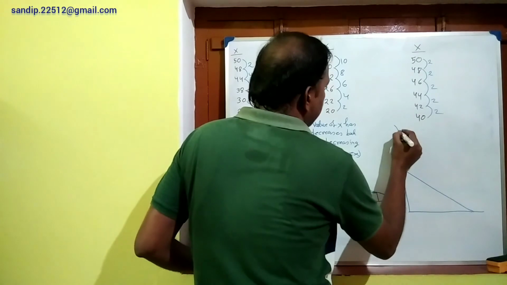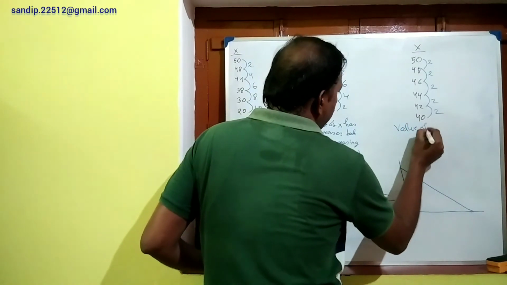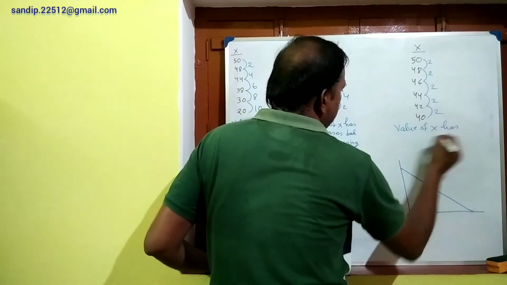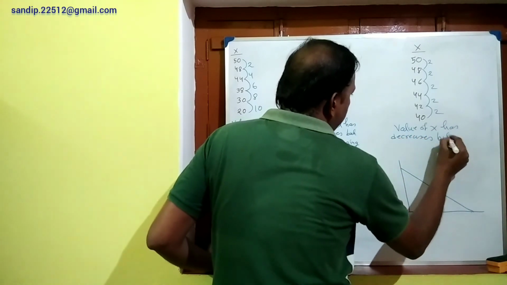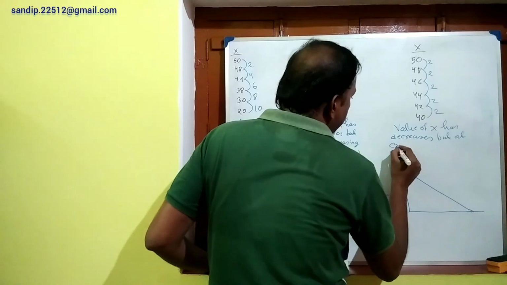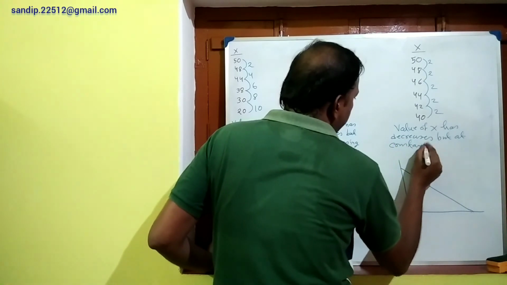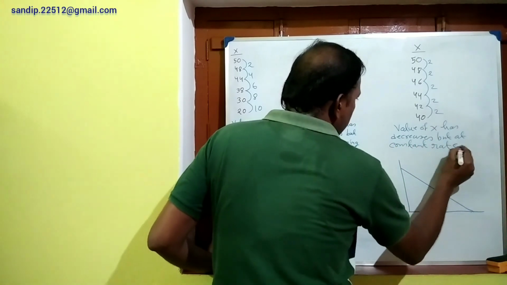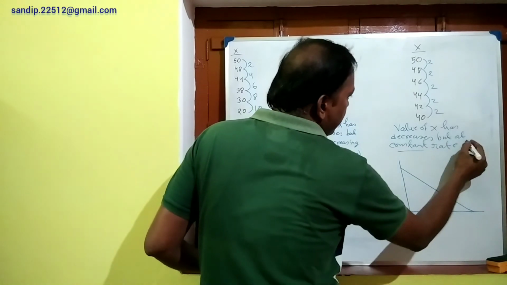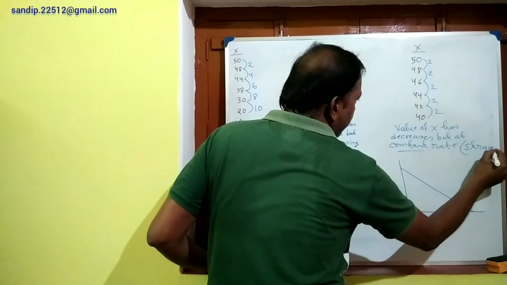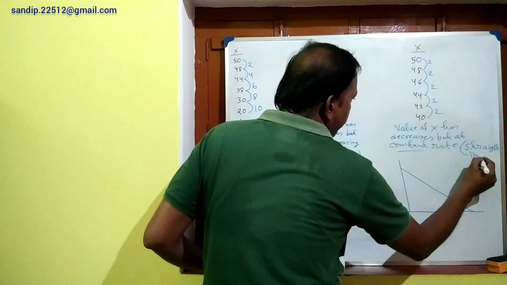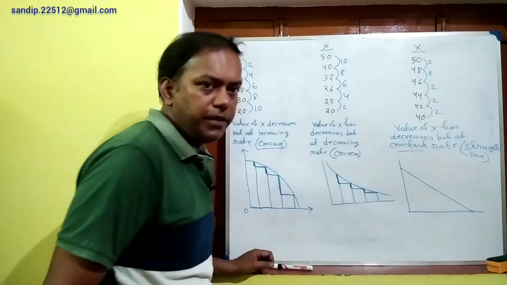So let me write here that the value of x has decreased but at a constant rate. So in case of a constant rate, we will get a straight line, means a downward sloping straight line, obviously.